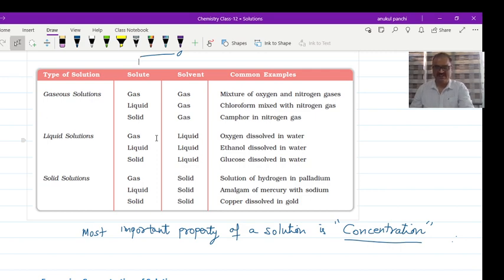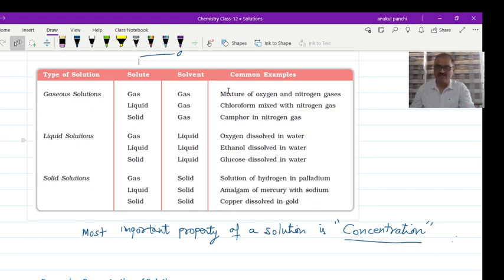And their examples are given here. You can quote more examples from your daily life. For example, first is gas in gas. Both components are gas. Here is a mixture of oxygen and nitrogen, you know. If air is pure, free from dust particles and other things, then that is also a mixture.